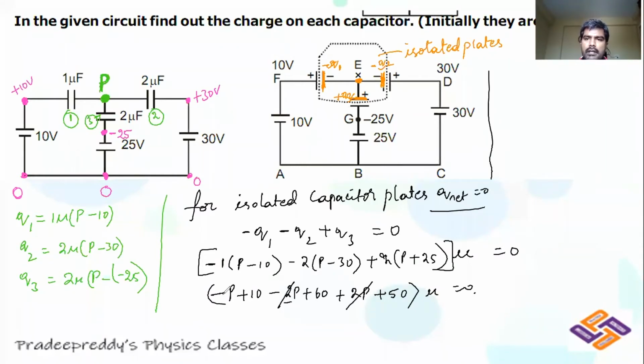What is left over here? Minus P is left over. Next, plus 10 plus 60, 70, 70 plus 50, it is 120. So plus 120 is equal to 0, right? Then what will be P? P is equal to 120 volt.